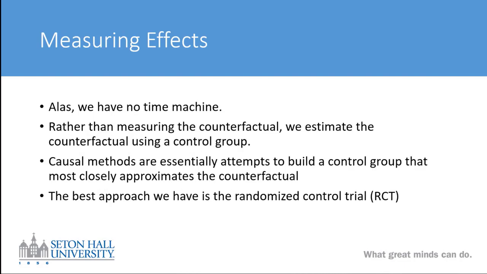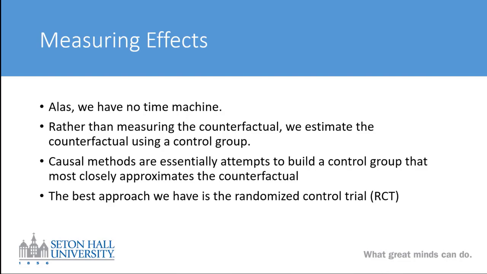I think you see the problem already. I have no knowledge of a time machine in existence, right? So instead of measuring the counterfactual, we estimate the counterfactual using a control group, right? And when I say control group, I'm talking about when you learned about the experimental design in middle school science classes, right, where you have a treatment group and a control group. That's what we're talking about here.